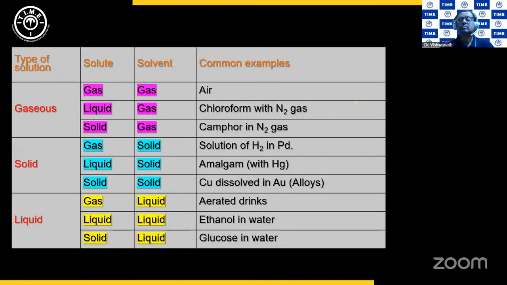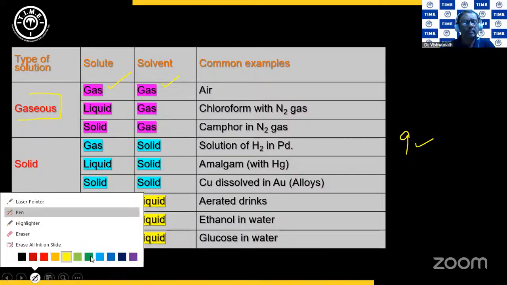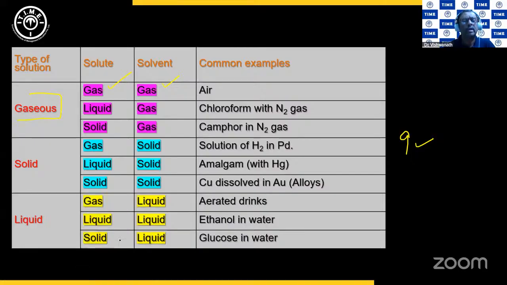Here, we have got 9 combinations of solutions. It may be a gas in a gas, which is having gas as the final state. So let me make it clearer. A gas in a gas, the example is air.